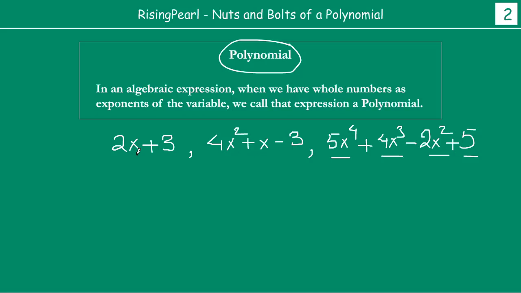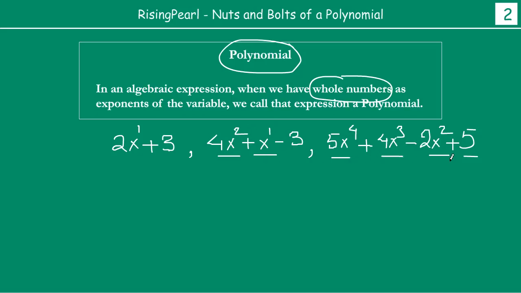Now आप एक चीज notice कीजिए, यहाँ पे ये जो variable है in each of these expressions, जो variable है आपकी in this case x, it is raised to a whole number. मतलब यहाँ पे जो variable term है, it is raised to a value of 1. यहाँ पे you have two terms that contain variable. यहाँ पे the variable is raised to power 2. यहाँ पे the variable is raised to power 1.